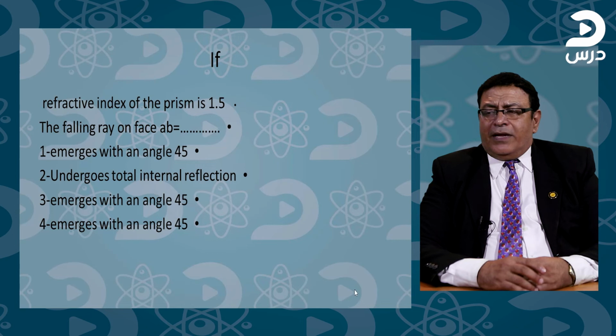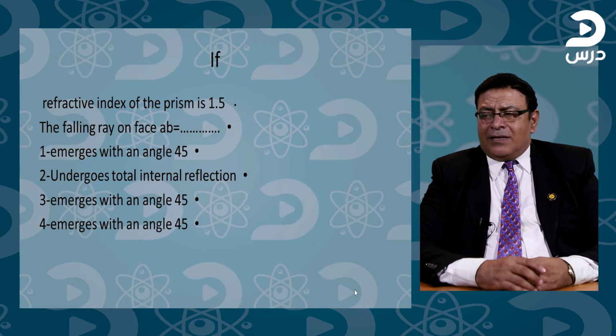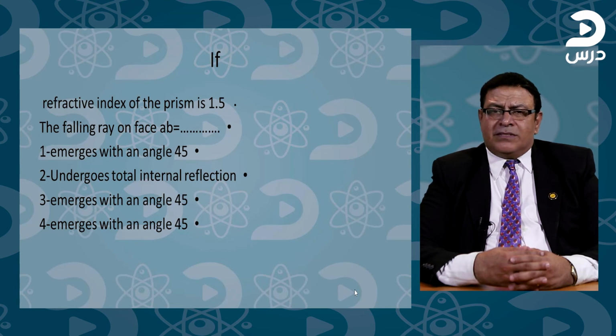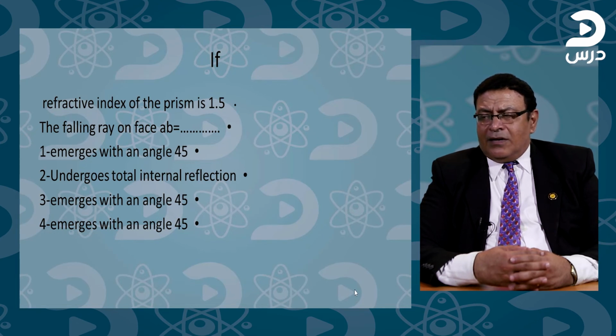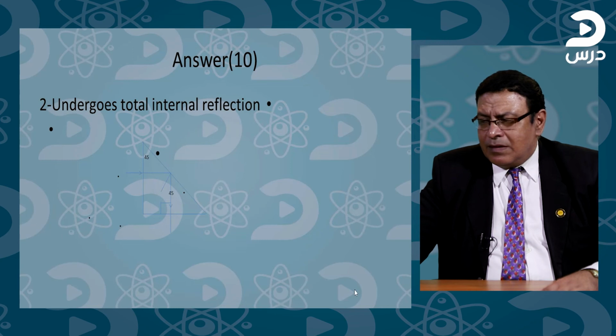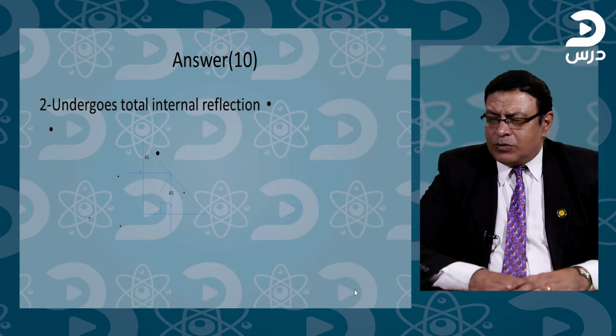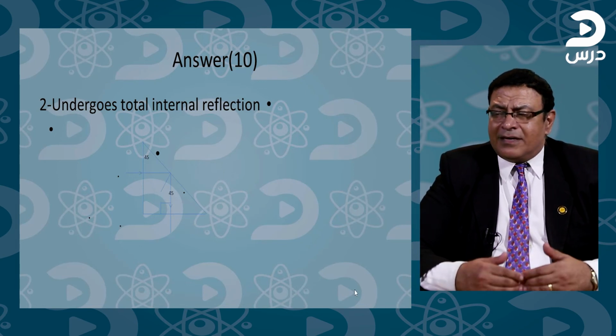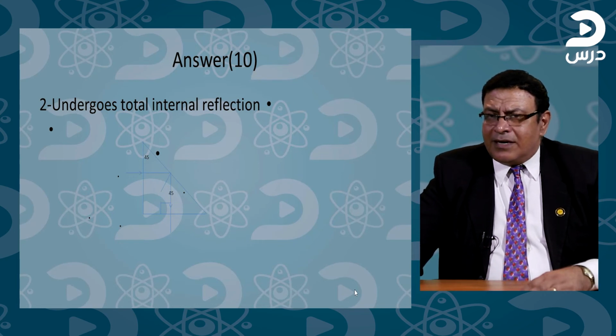So falling ray on face AB 1 emergent with angle 45 ولا undergoes total internal reflections ولا choose number 3 emergent with angle 45 ولا choose number 4 emergent with angle 50. هنا طبعا الانسرز undergoes total internal reflections لان الفاي اكبر من الفاي سي. الانجل of incident greater than critical angle happens total internal reflections.